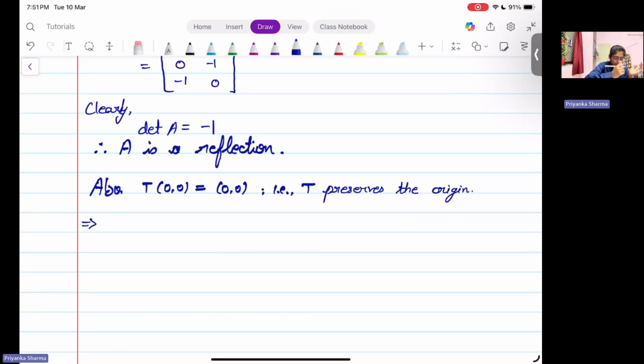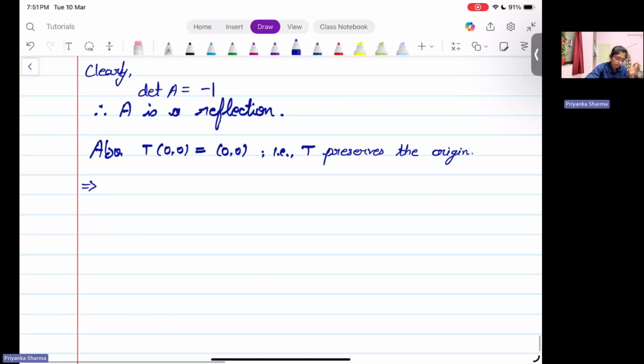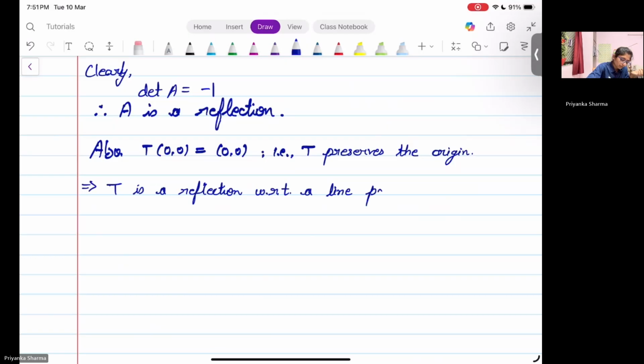So till now, what we have concluded is that T is a reflection with respect to a line passing through the origin.